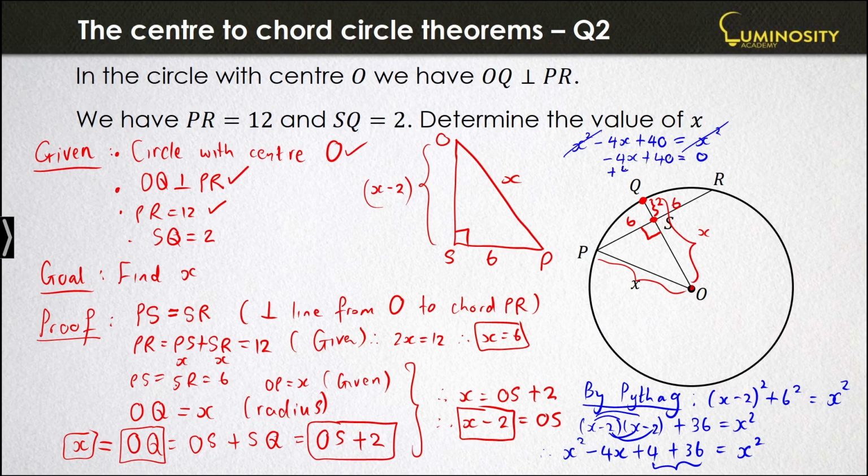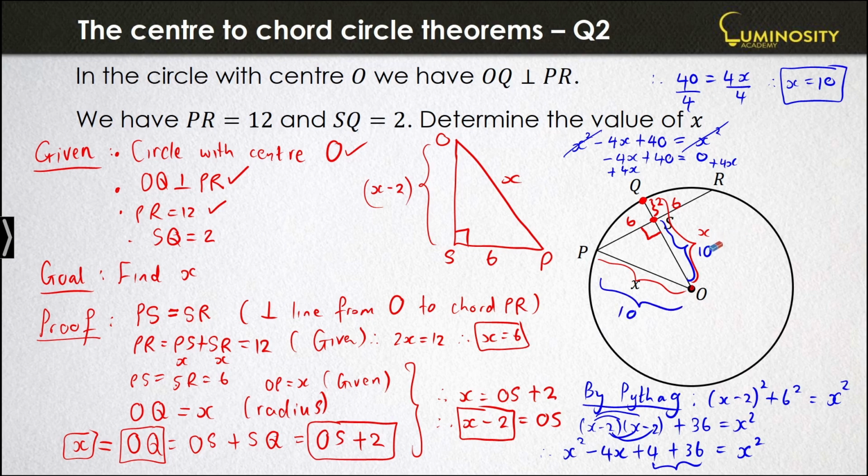I can add 4X to both sides and therefore I get 40 equals 4X. Lastly I can divide both sides by 4 and therefore get X equals 10. So the length of OS here is 10 units long. No, mistaken, sorry. The length of OP here is 10 units long.